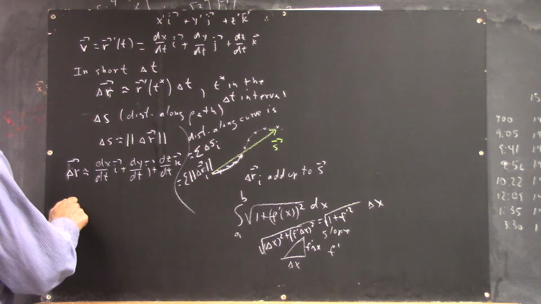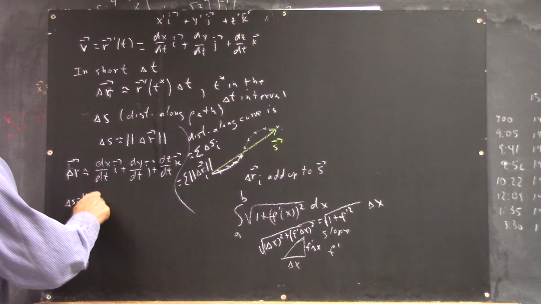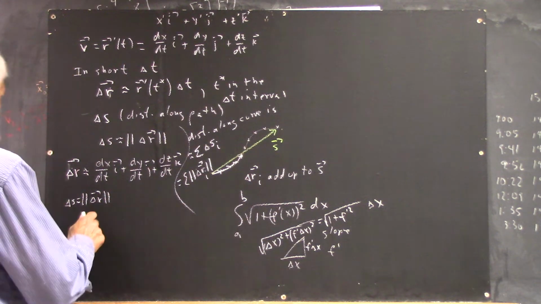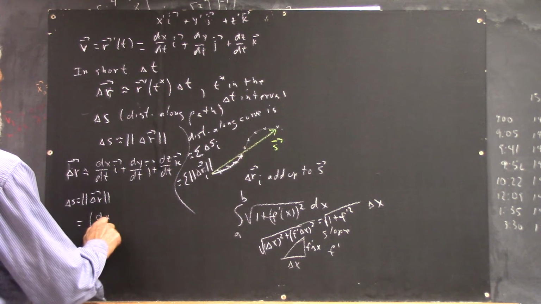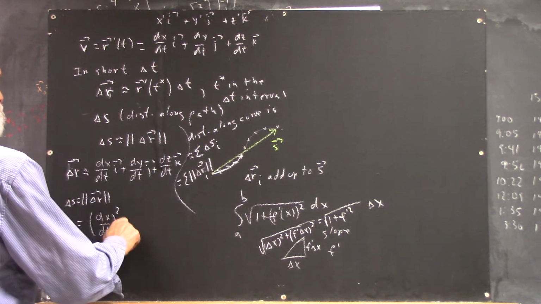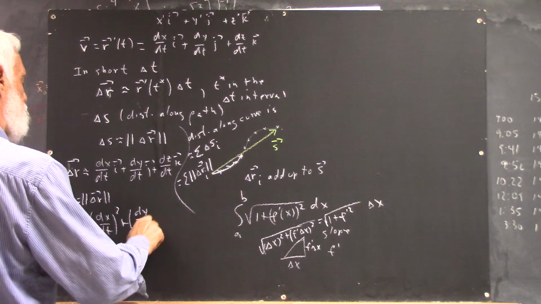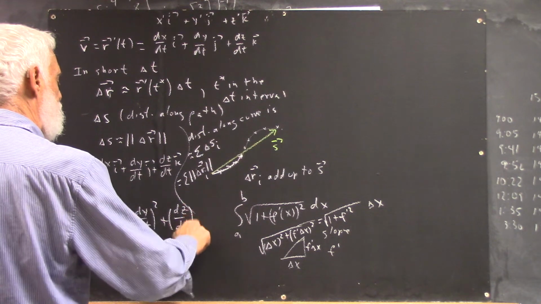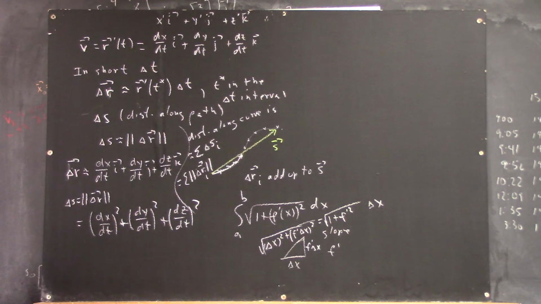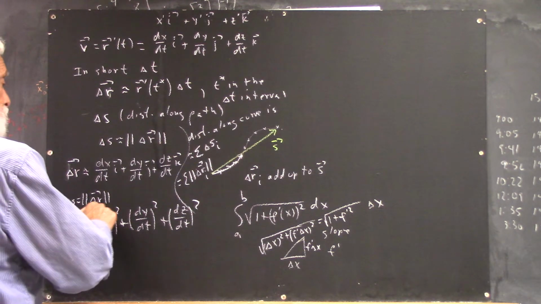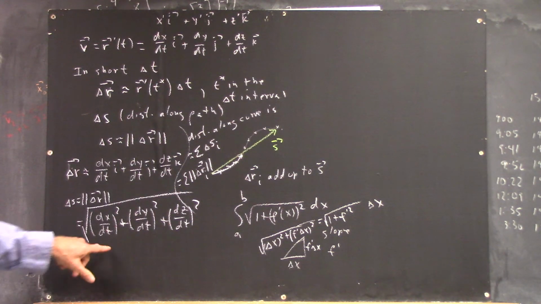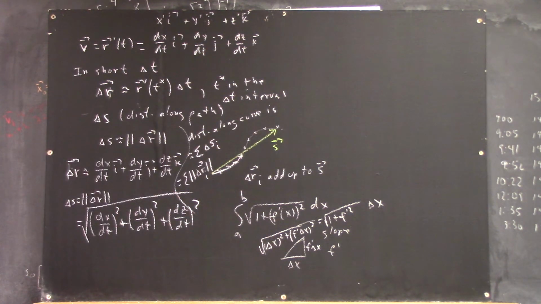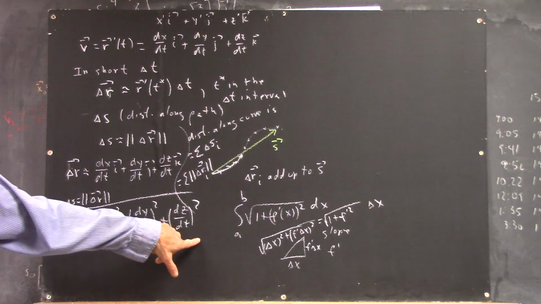And delta S is the magnitude of delta R. And from what you've done with three-dimensional figures and stuff, you understand that that magnitude is just going to be the square root of dx dt squared plus dy dt squared plus dz dt squared, right? And of course, square root of that, Pythagorean theorem. So this is what you integrate. Well, that's a formula we just saw in there. You probably didn't pick up on it, but I saw it and said, yeah, I probably ought to explain this.